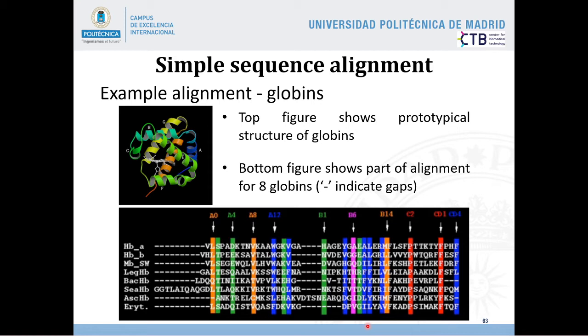Here we have also the globins, where the picture at the top represents the prototypical structure of a globin. And in the bottom, what you can see is part of a multiple alignment between eight globins.